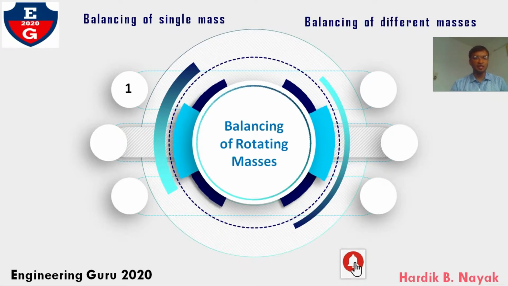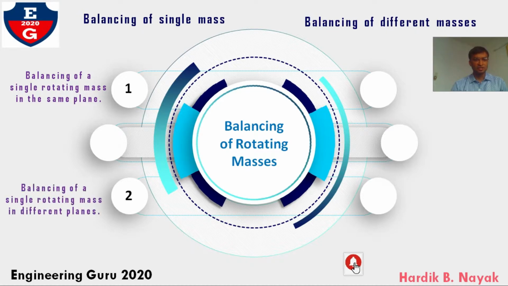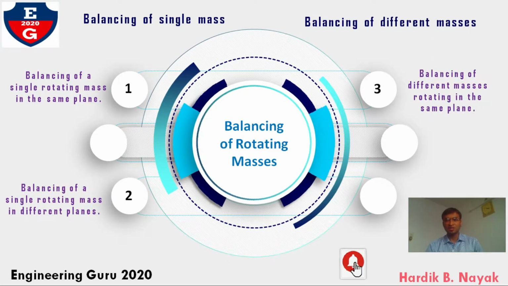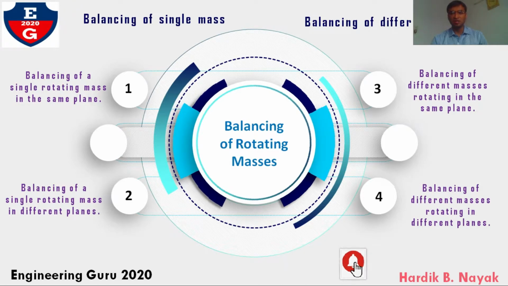In balancing of single mass, the first type is balancing of single rotating mass in the same plane. Second, balancing of single rotating mass in different planes. Balancing of different masses rotating in the same plane. Final type, balancing of different masses rotating in different planes.